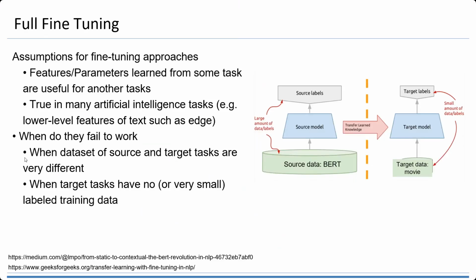The assumption for the fine tuning approach is that the features or the parameters learned from some tasks are useful for another task. So if I have picture recognition, or person recognition.